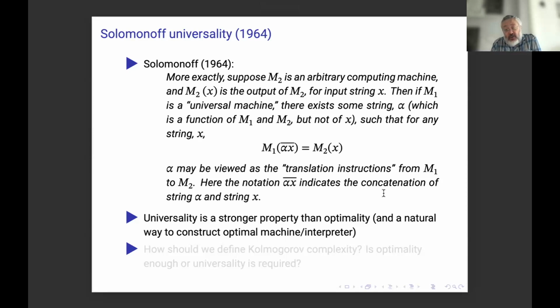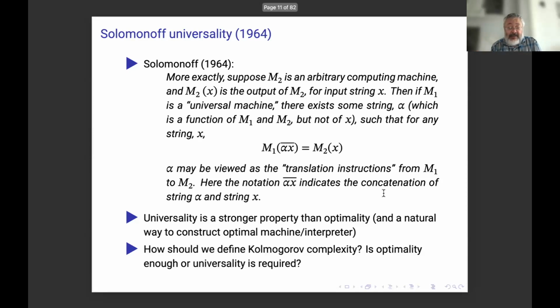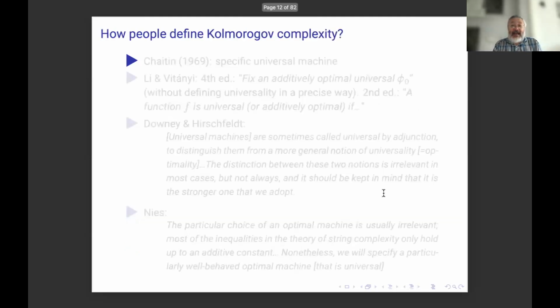And then the natural question is, how should we define complexity? Do we need universality, or is it just enough to have optimal machines? This is a bit of a theoretical question, just because we don't know any natural optimal construction without universality, but still, it's interesting to see historically what was in the main text sources about Kolmogorov complexity.